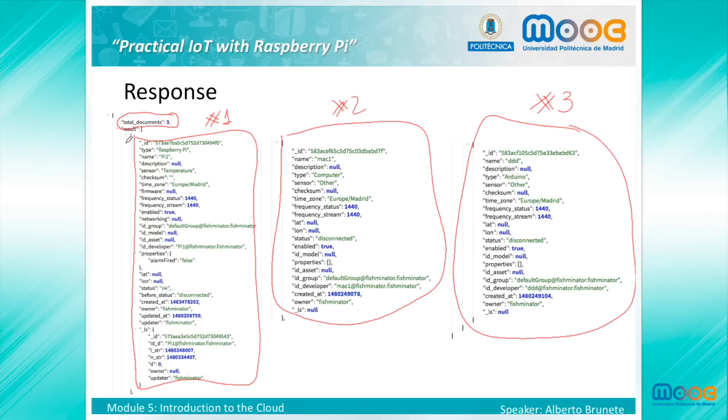These devices are named, for example, we get the name P1, we get Mac1, and we get DDD. The type of sensor, for example, temperature, some other information when they were created, the owner, and so on.